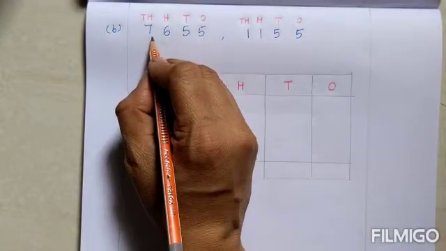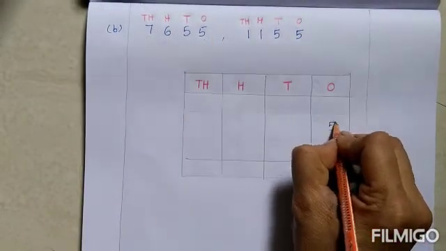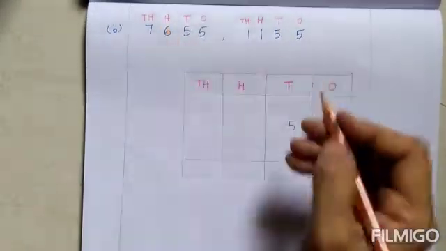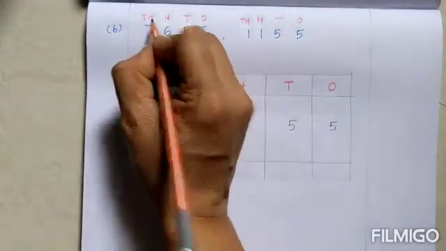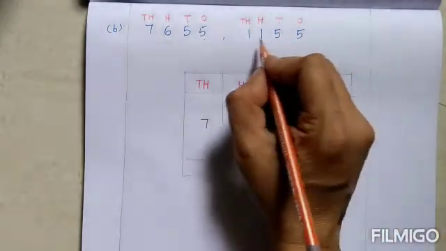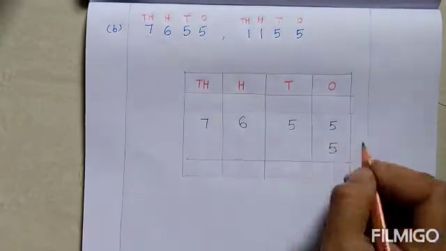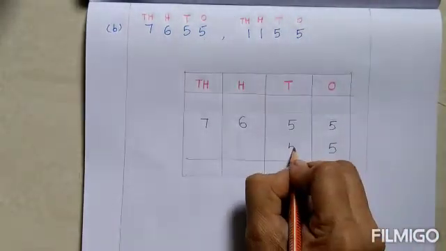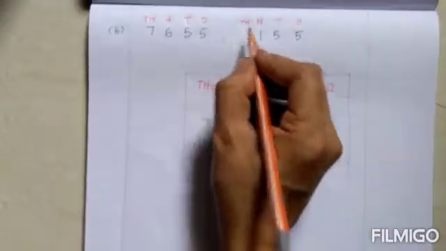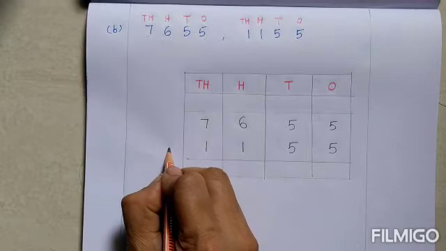First number 7655: 5 is in ones place, another 5 is in tens place, 6 is in hundreds place, and 7 is in thousands place. Now the second number 1155: 5 is in ones place, 5 is in tens place, 1 is in hundreds place, and another 1 is in thousands place. Now which sign will come, children? Plus.